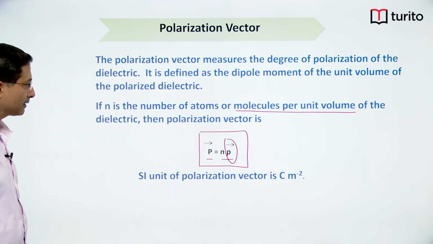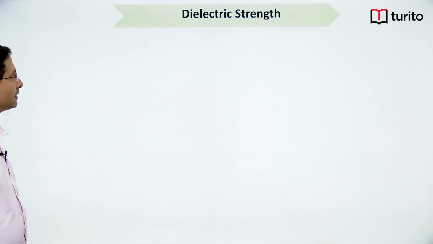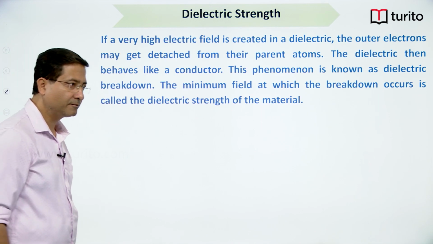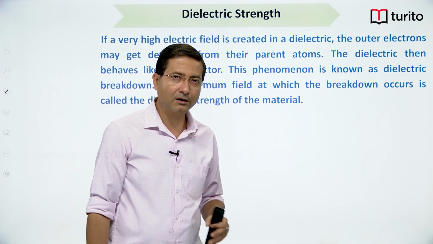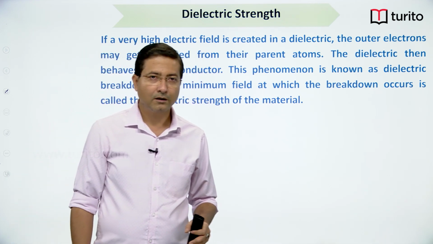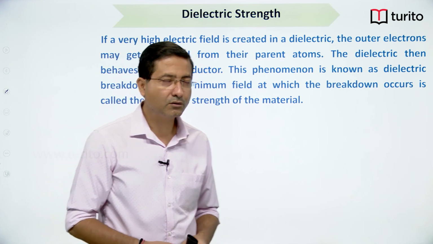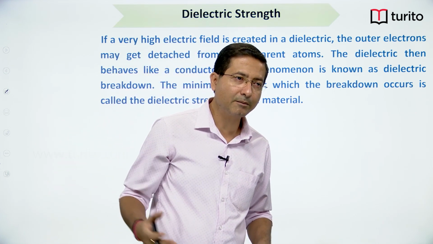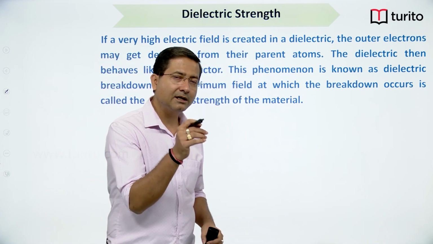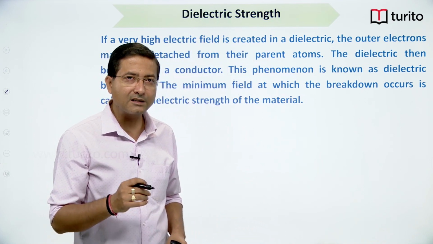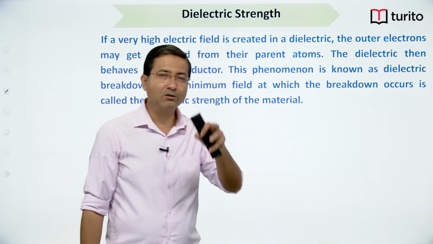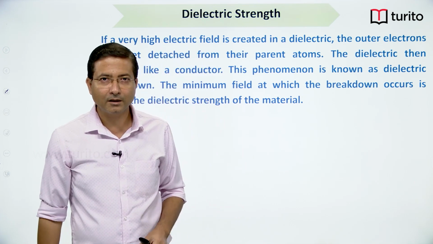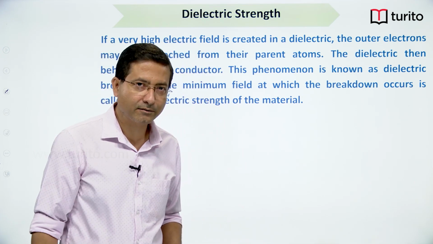Now, let us see the next one, related to dielectric strength. As we have just seen, dielectrics are insulators which do not allow charge to flow when subjected to an external field. So, if we keep increasing the field, it might be possible that outer shell electrons experience a force large enough that they come out of the influence of the nucleus and start roaming inside the material, and the material starts behaving as a conductor, right.